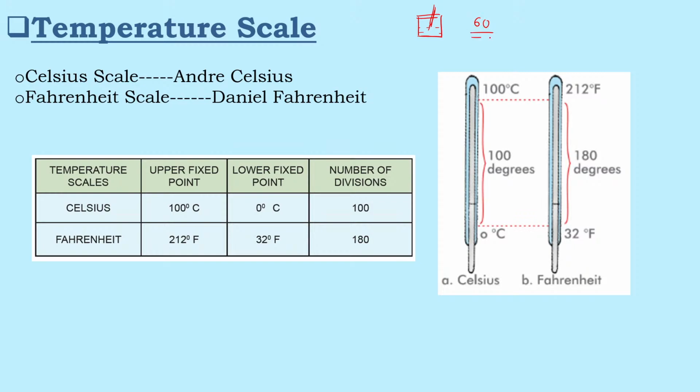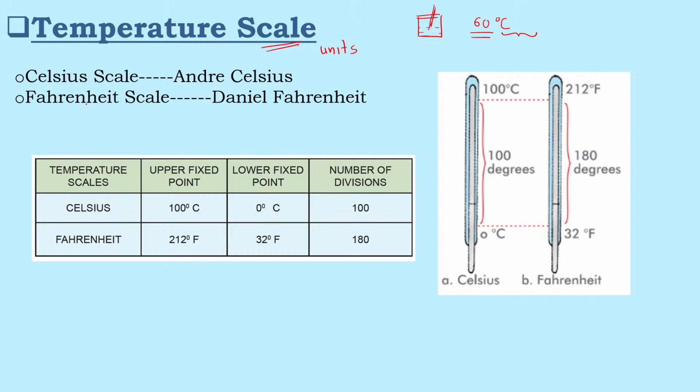What is 60? It has to have some unit, right? So here I am saying 60 degrees Celsius. So there are different scales for measuring temperature. You can say different units are there for temperature.